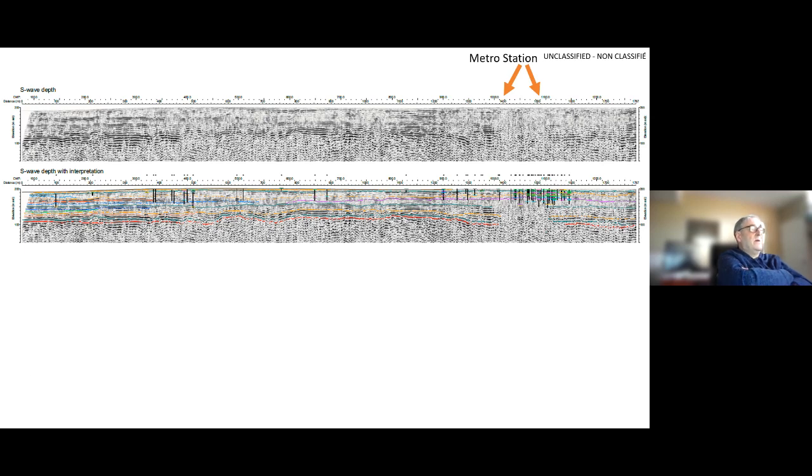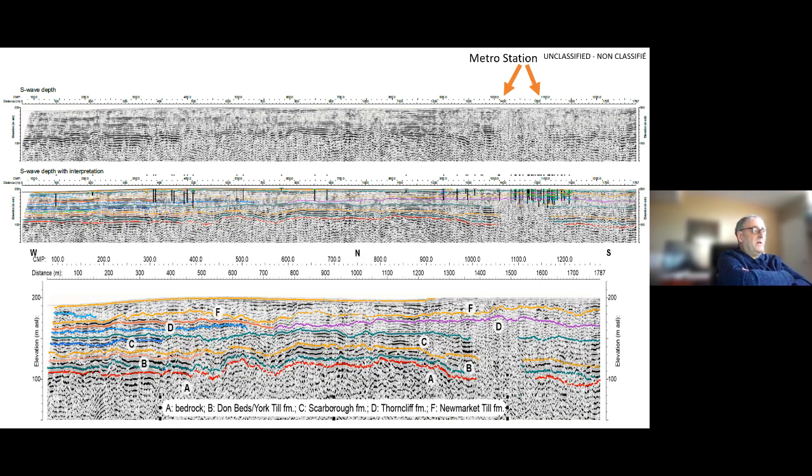We interpreted different layers: bedrock, A, B, Don Beds, York Till, C, Scarborough Formation, and D, Thorncliffe Formation, and then on top, F, the Newmarket Till.